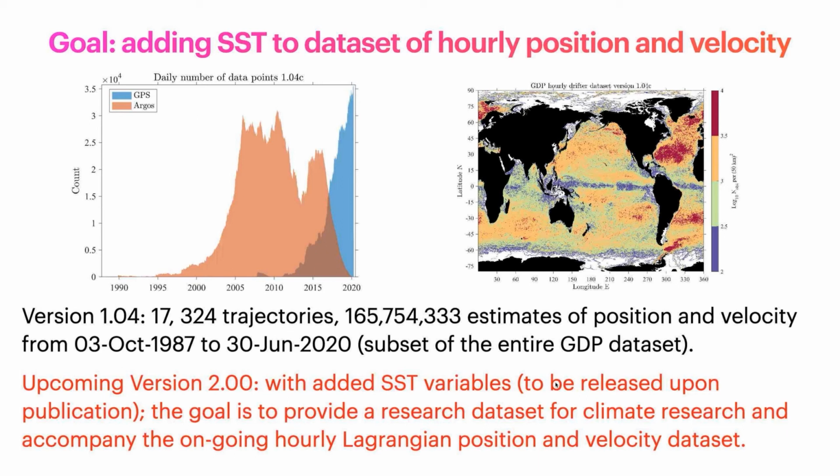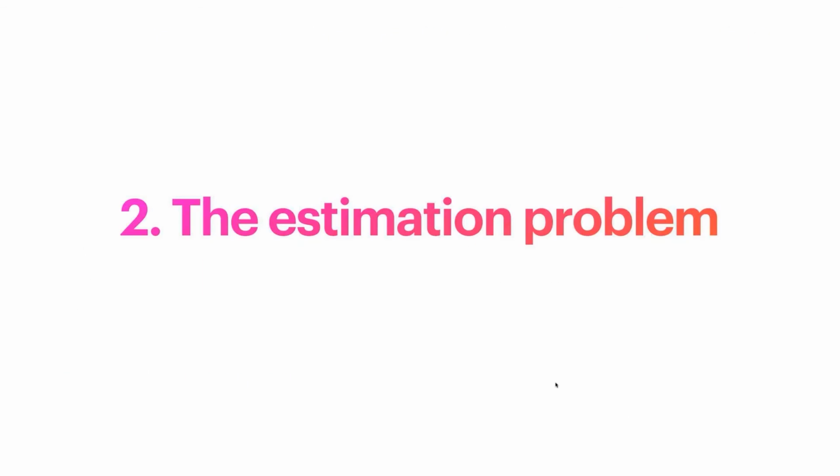So I will be dwelling into the details of deriving the hourly drifter dataset today. I will not be talking too much about applications from this dataset, but I'll show you some preliminary results on future work just to whet your appetite a little bit. The goal of this new dataset is not to supplement or replace the existing quality controlled dataset for climate monitoring, but rather to add SST to the dataset of hourly position and velocity to investigate small scale and large scale processes in the ocean.